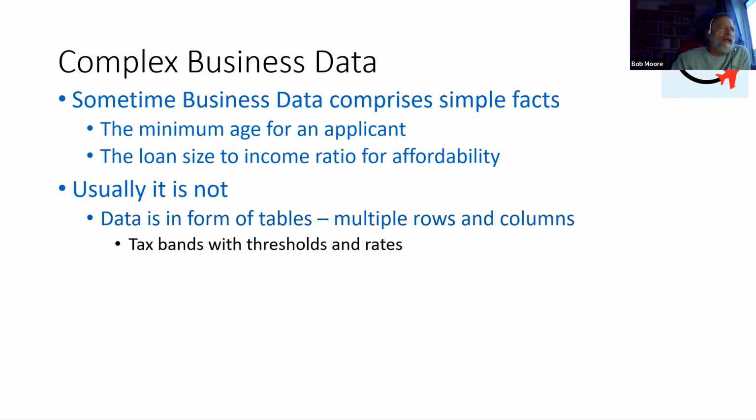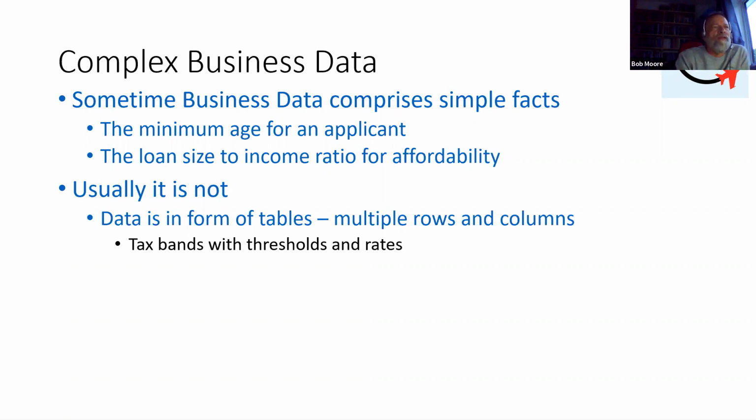Things like the tax bands and thresholds and rates, which I keep talking about, are one example of that. That is very common, I think, because the way that businesses have been building up their data for many years is by stuffing it into relational databases, and so the data turns up in the form of tables.